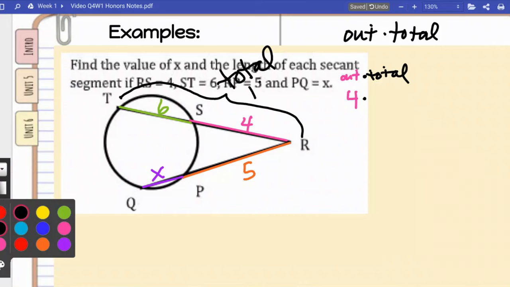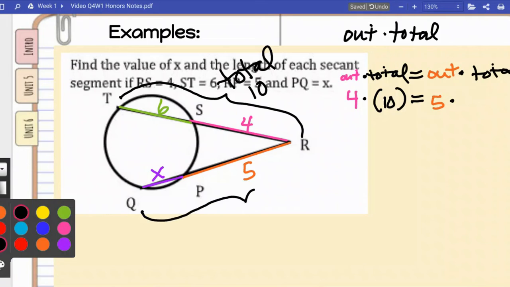So that's going to be 10 because 6 plus 4 is 10. And we're going to set that equal to the outside again of the second secant line, which is 5, times the total of that secant line.